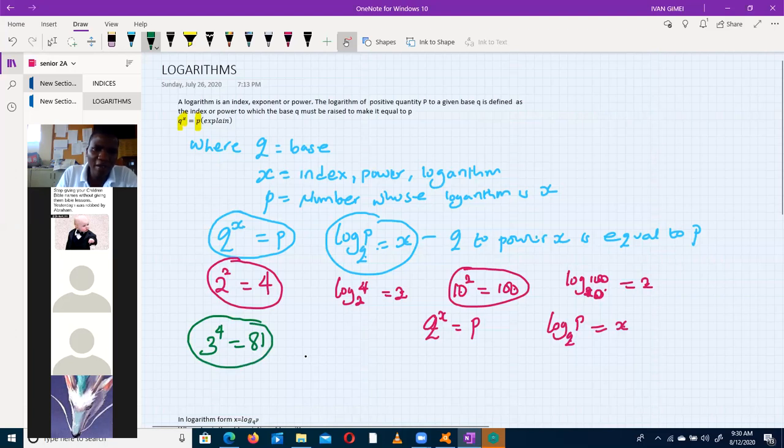We say logarithm of 81, which is the number whose log I'm looking for, log of 81 to base 3. Here we are simply saying, to which power should we raise 3 to get 81? What will be the answer?